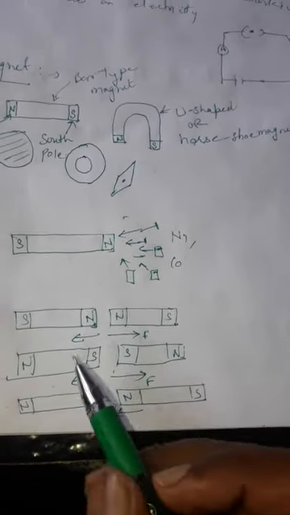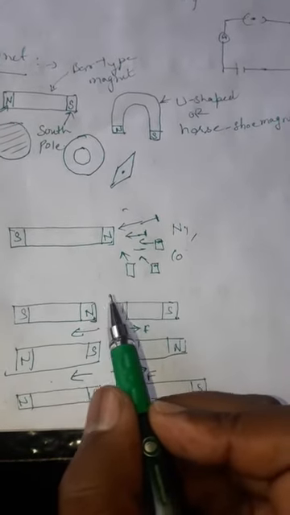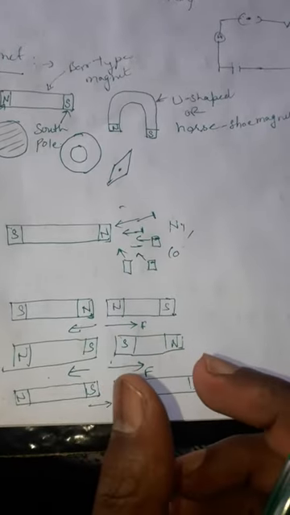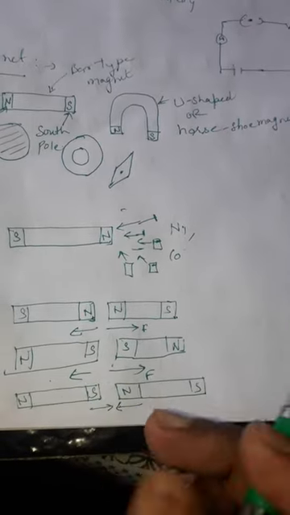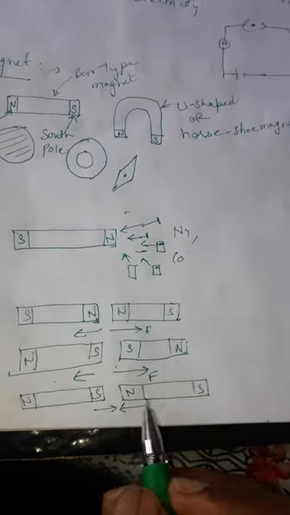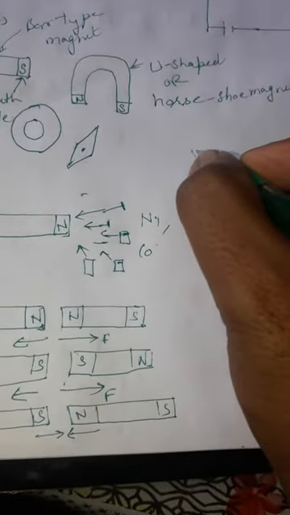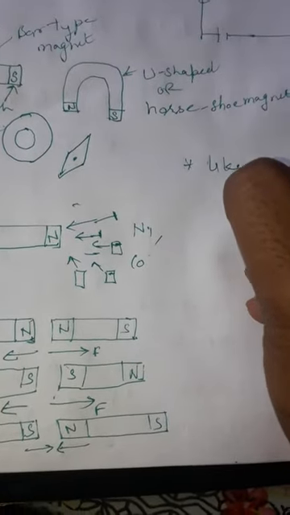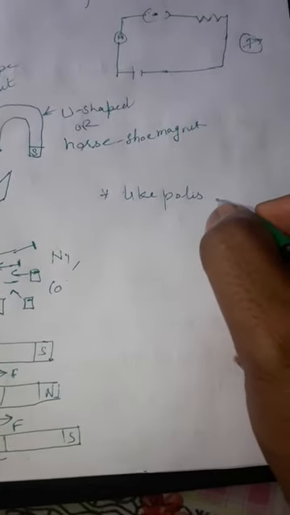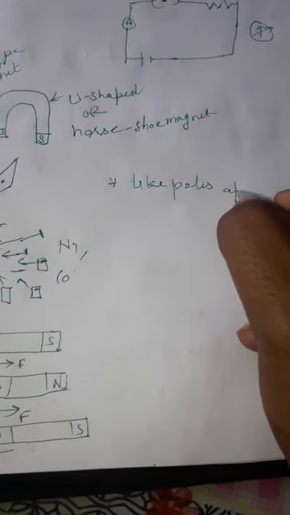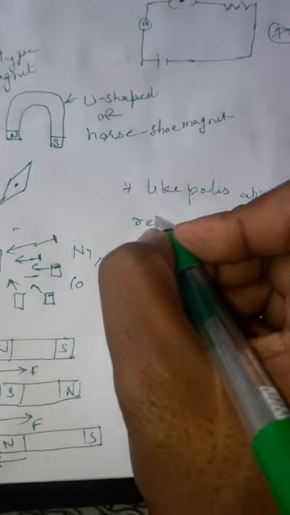From this observation we conclude that when two like poles of magnets are placed near each other, they feel repulsion, and when two unlike poles are placed nearby, they feel attraction. So like poles, meaning similar poles, that is north-north or south-south, repel each other.